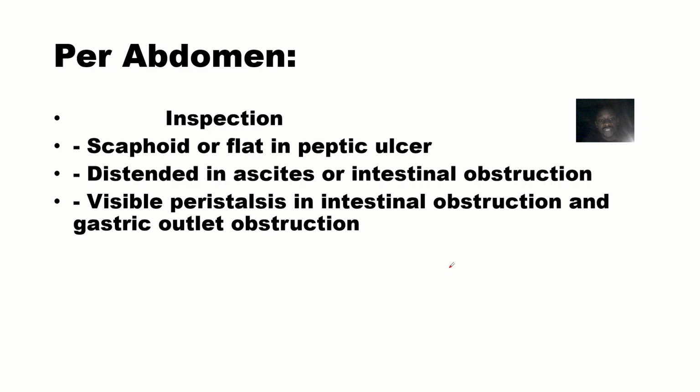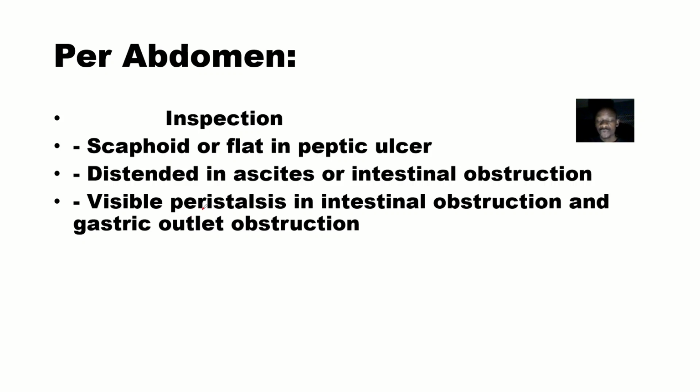You are checking out if the patient has an umbilicus, and whether it is everted or flat. Then you are also looking for distension of the abdomen. This will be seen when there's accumulation of fluid in the abdomen, that's ascites. Also if there's intestinal obstruction, it also shows up as abdominal distension.